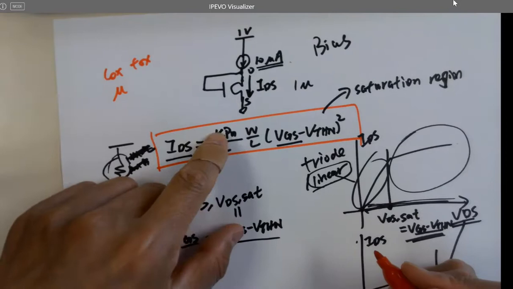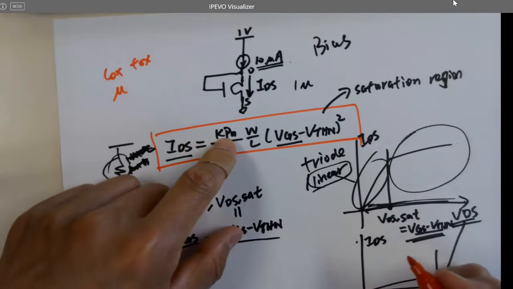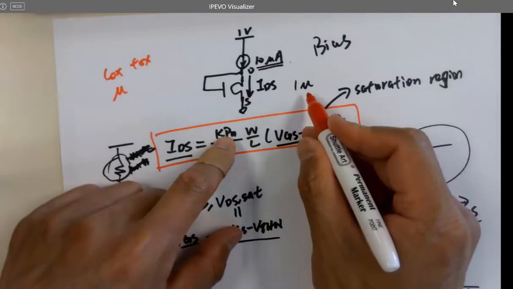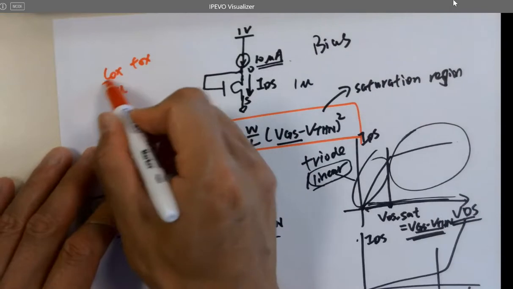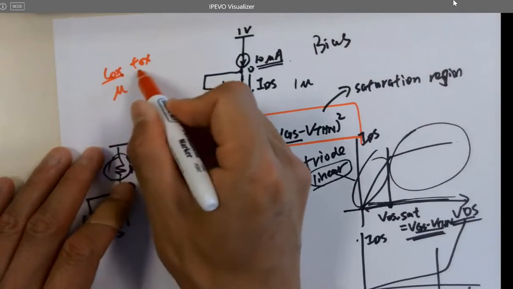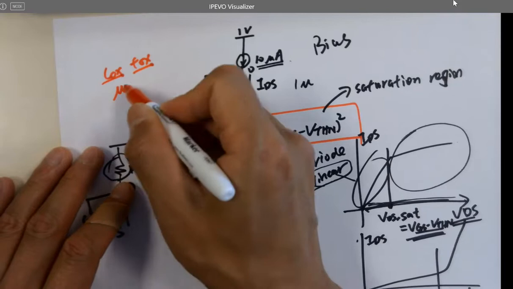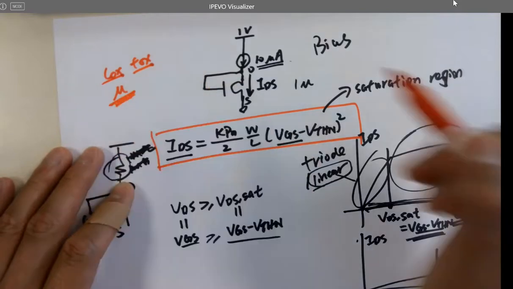I forgot the equation to calculate KPN, but it's given for the 1 micron process in the model file. It has the capacitance of the oxide layer, the thickness of the oxide layer, and the mobility of the electrons.